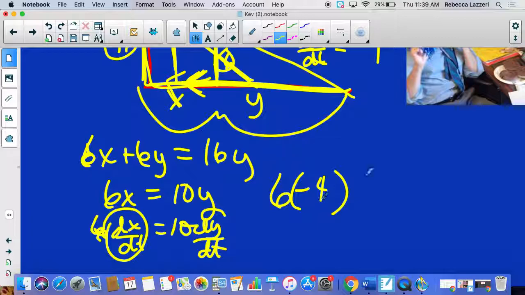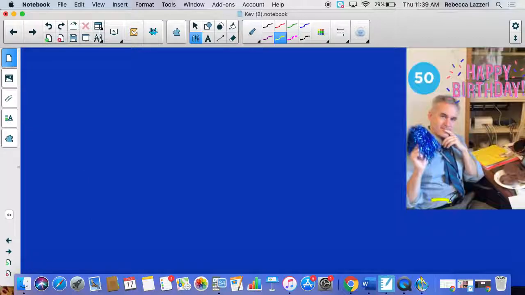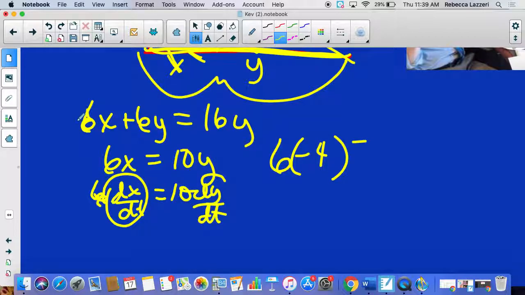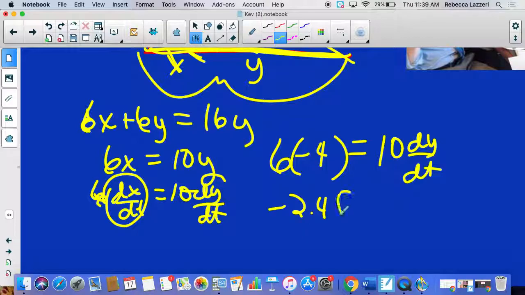And now that equals 10 dy dt. And so when I divide by 10, I get negative 2.4 feet per second equals the change in y.